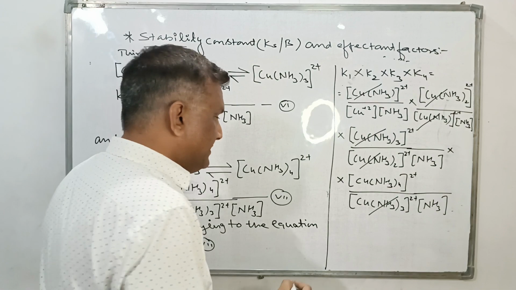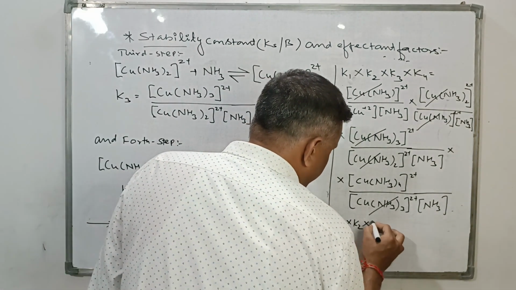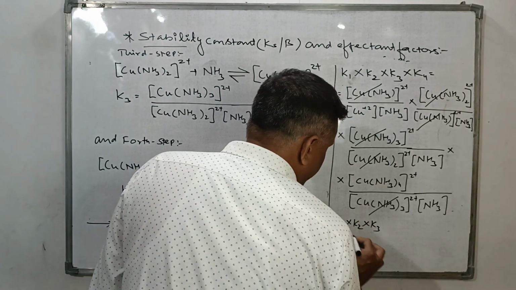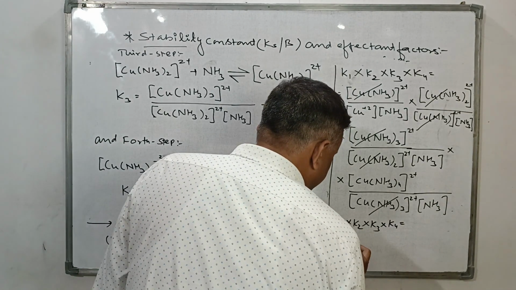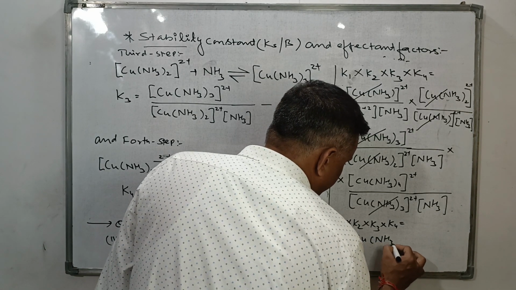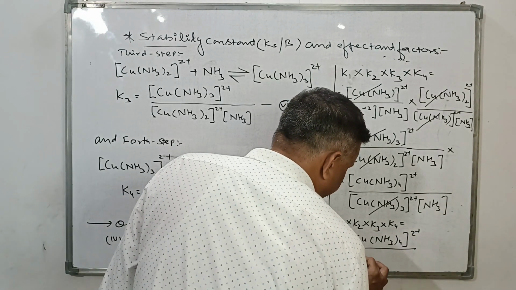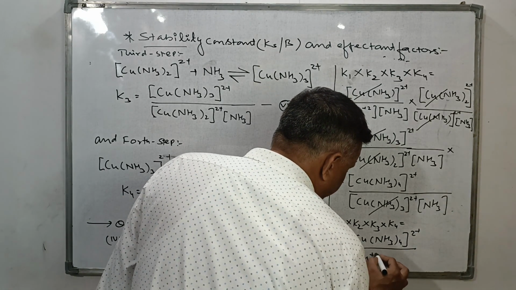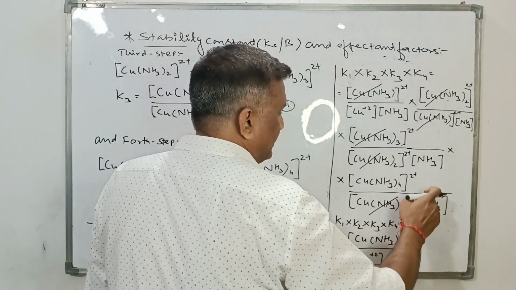So overall what will be? It will be K1 into K2 into K3 into K4 will equal to [Cu(NH3)4]2+ upon Cu2+ over here, and one of the NH3, 2 NH3, 3 and 4.